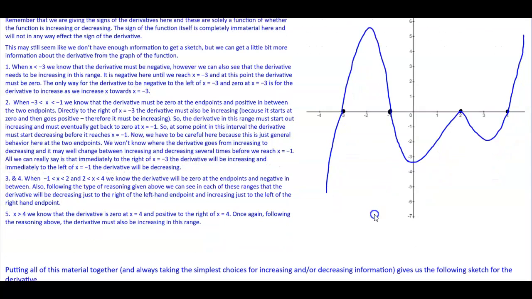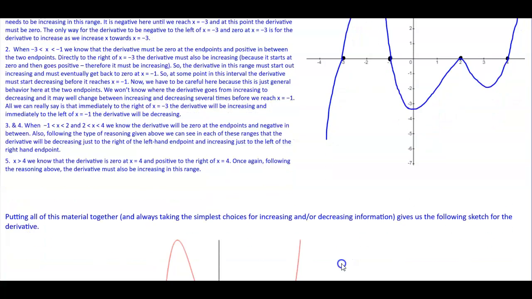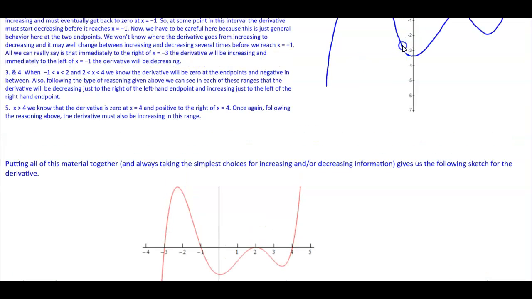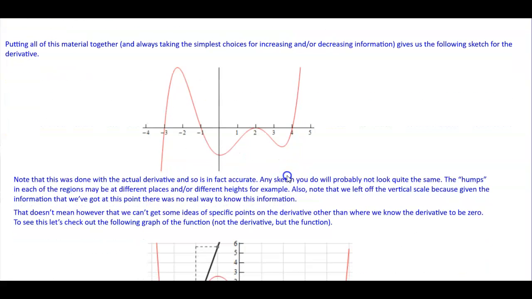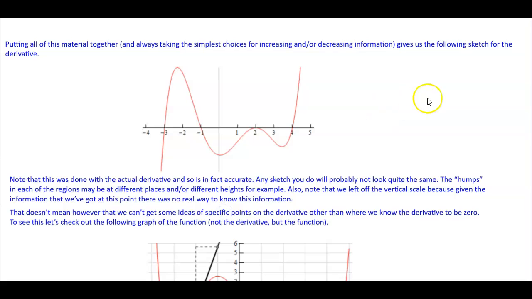Now, putting all of this together and always taking the simplest choices for increasing and or decreasing information, it gives us the following sketch for the derivative. So here is our derivative of what we sketched up there. Okay? Now, note that this was done with the actual derivative, and so is in fact accurate.